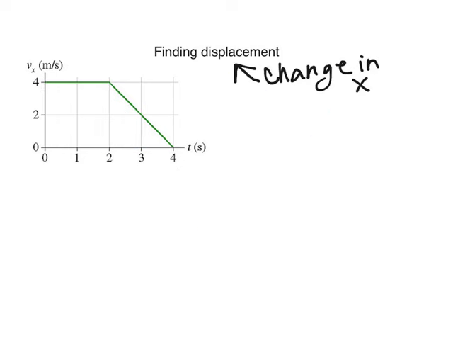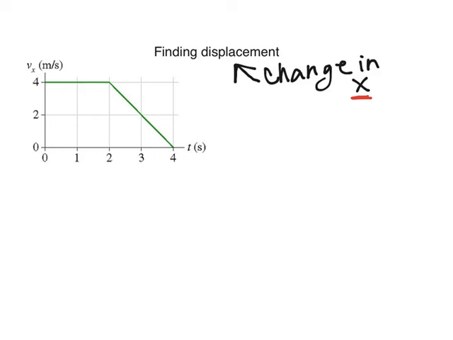Alright, so after we find acceleration, we can also find displacement. Now remember, displacement is the change in position, or the change in x, because x stands for position. I like to think of it both in a formulaic way, and also just thinking about it. So if we go 4 meters per second, we can figure out how far we've gone if we figure out how much time it's taken us.